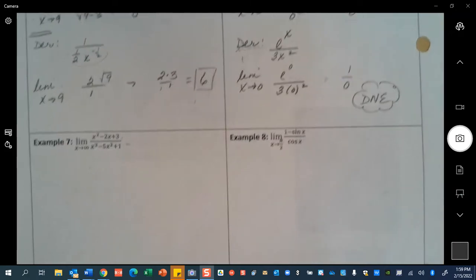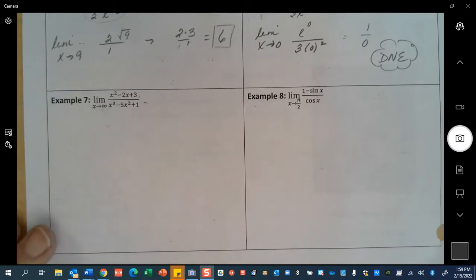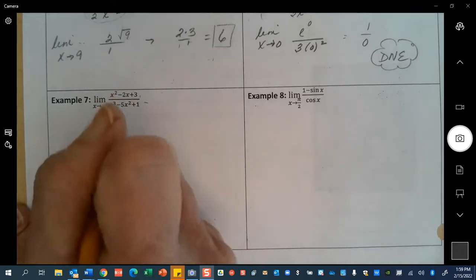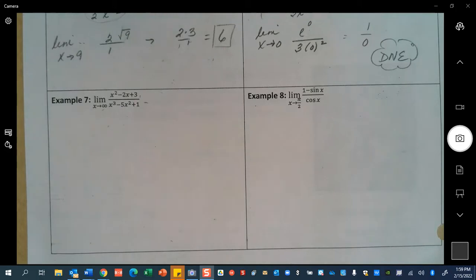All right. So this one's an interesting one because we're going to be able to practice taking the derivative again with this one. So if we go, the limit as x approaches infinity. Now remember when we talked about these before, we looked at the end behavior of the functions, and we talked about if we put a really big number in here and a really big number in here, what ends up happening.